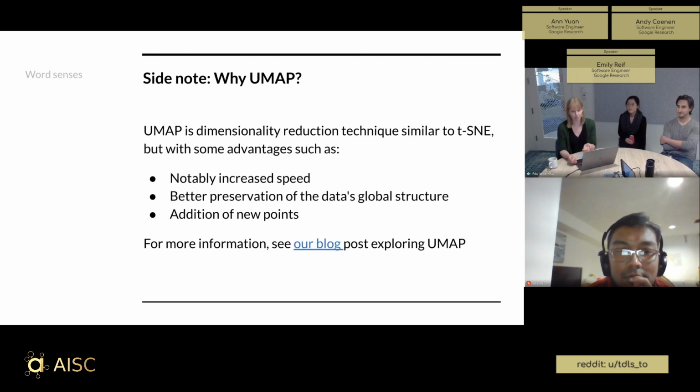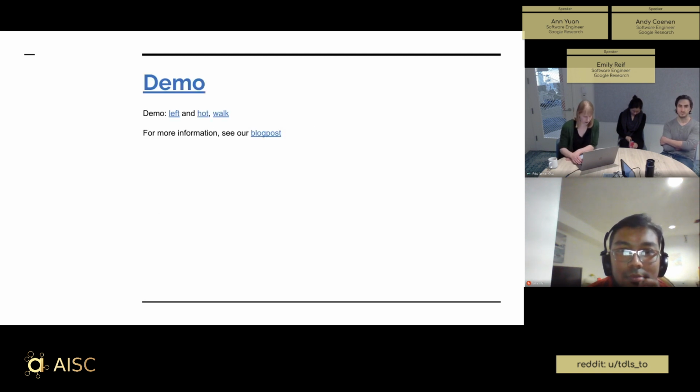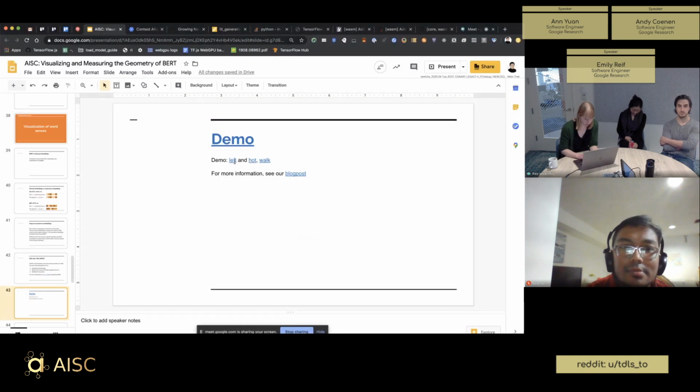And it just has some speedups and is better at preserving the data's global structure. You can also add new data points after the initial projection. And for more information, Andy wrote a great blog post about UMAP that he might talk about later if we have time. And so now I'm going to show you all these demos.